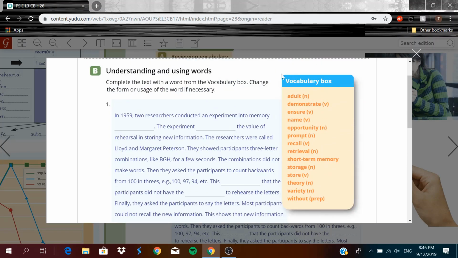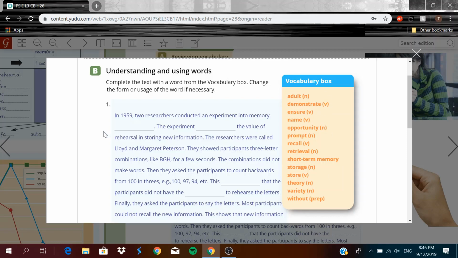Okay, so let's go. Here we have adult, demonstrate, ensure, name, opportunity, prompt, recall, retrieval, short-term memory, storage, store, theory, variety, without. Okay, so that was the vocab box.